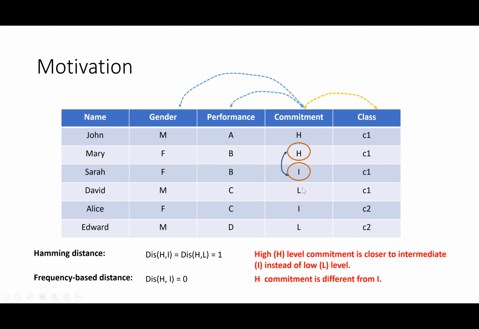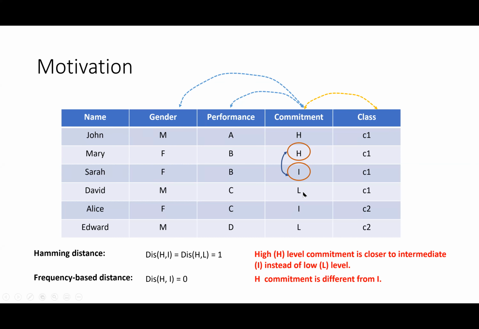So if you simply use Hamming or frequency-based measures, you will see H and I similarity 1, H and L similarity 1, I and L similarity 1. So basically H, I and L are exactly similar, right?